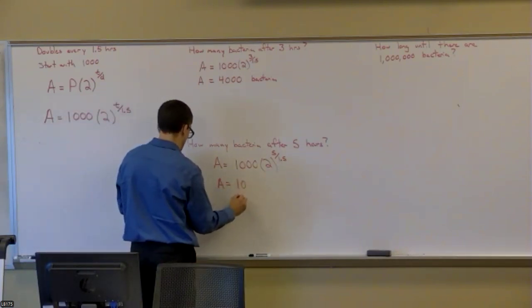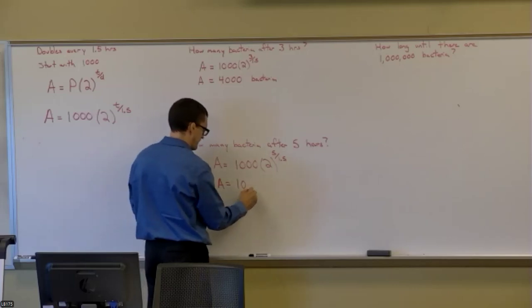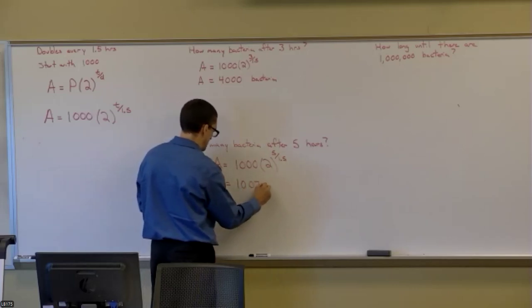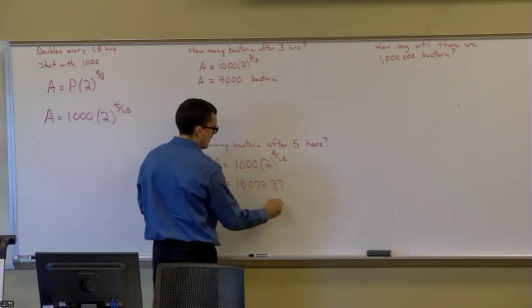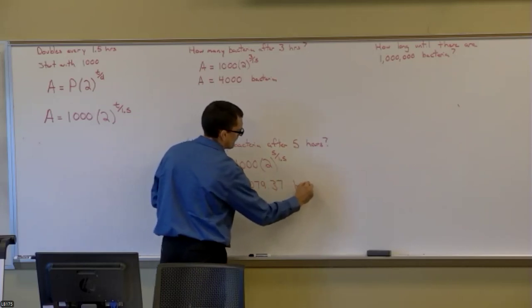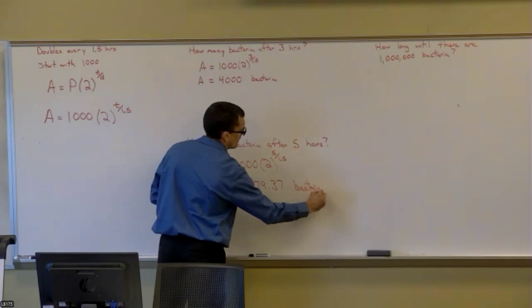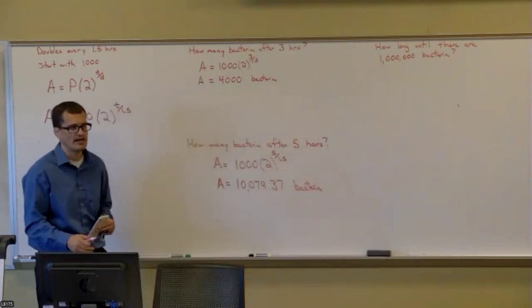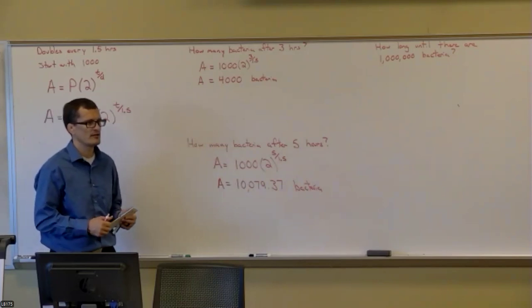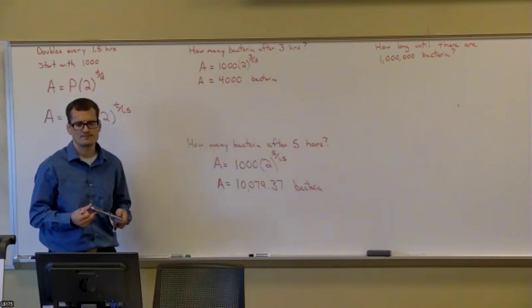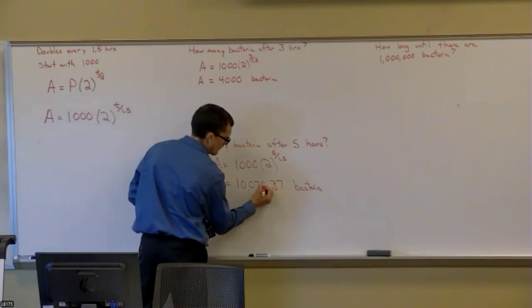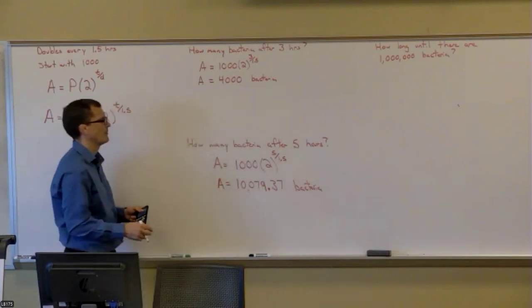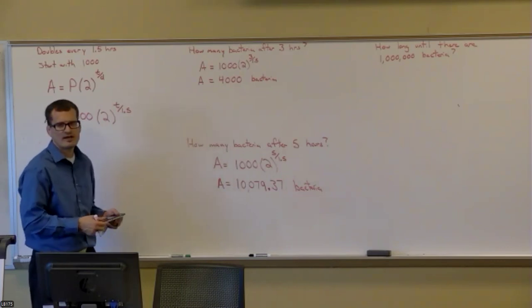That would give me 10,079.37, again, bacteria. That's the projection. You might have 1 or 2 different, but that's what the projection is going to be. Right with that?